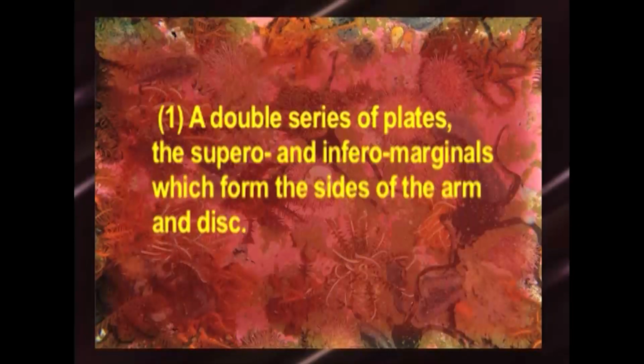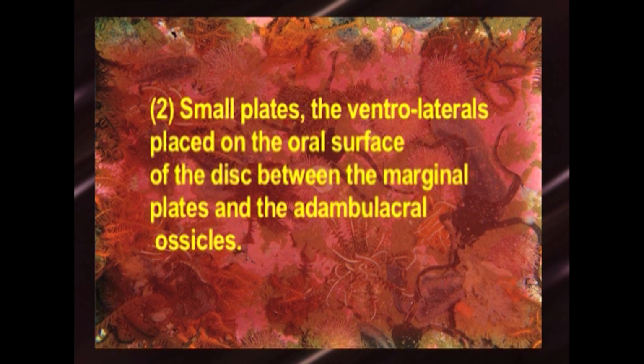In the remaining parts of the skeleton, which are known collectively as the interambulacral skeleton, the following parts are usually clearly differentiated. Number 1. A double series of plates, the supero and infero marginals, which form the sides of the arm and disc. Number 2.